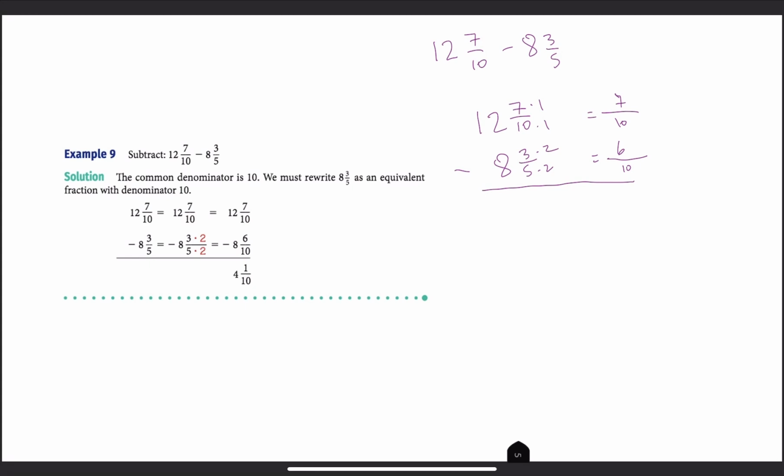So now it's really 12 7/10 minus 8 6/10. And since I don't have to borrow, since 7/10 minus 6/10 can be done, that's 1/10, and I can do 12 minus 8 is 4. So 4 1/10.